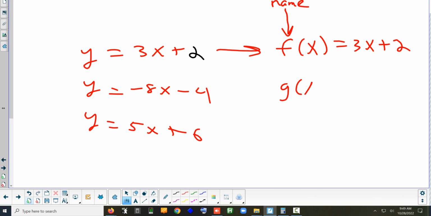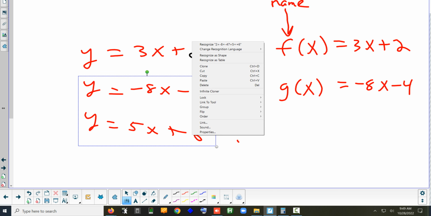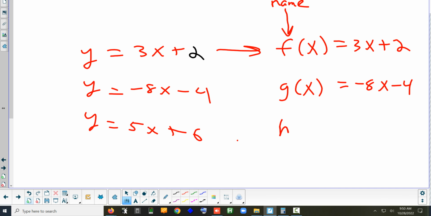Let's call it g. This is just the letter that you're going to see used over here. Negative 8x minus 4. Let's do this last one. Let's give it another name. Let's call it h. Usually the names are single letters.